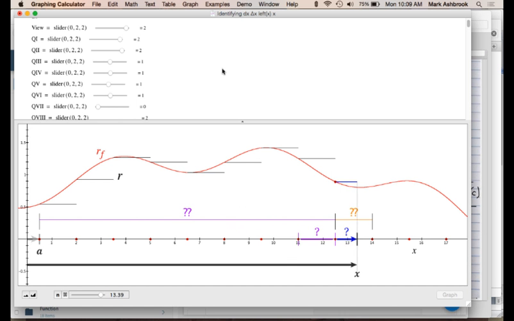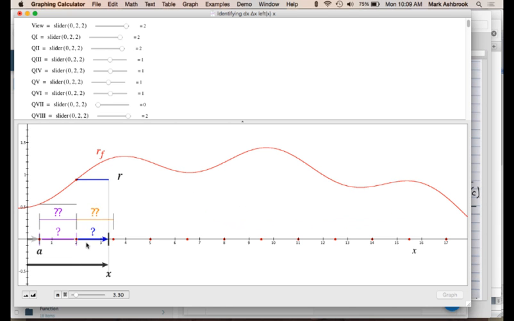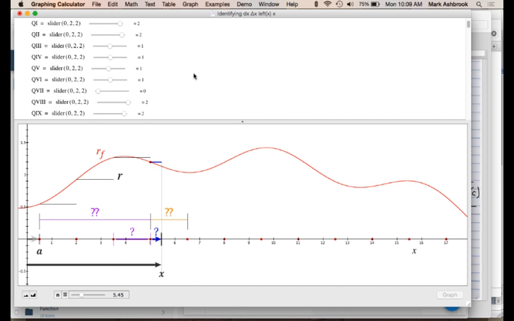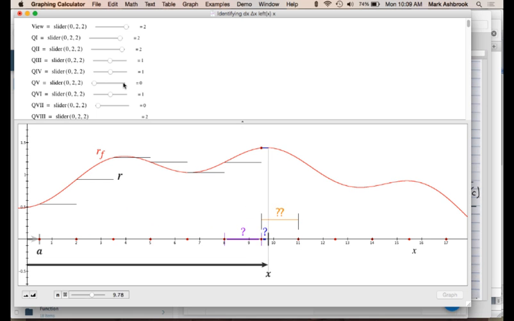What's next? Let's do the purple next. So these double purple question marks, what is that signifying?